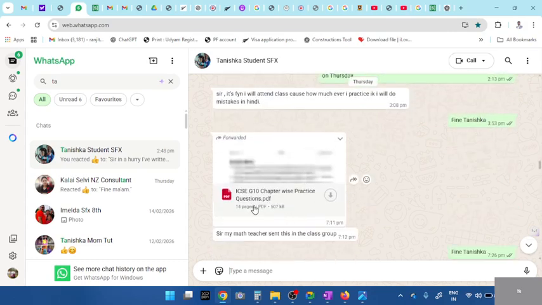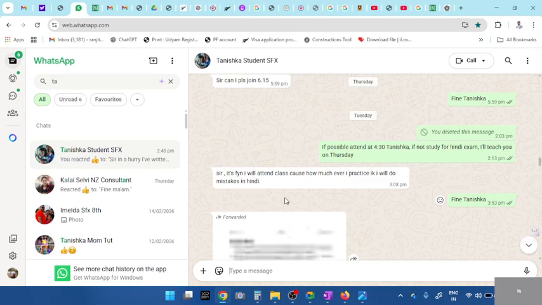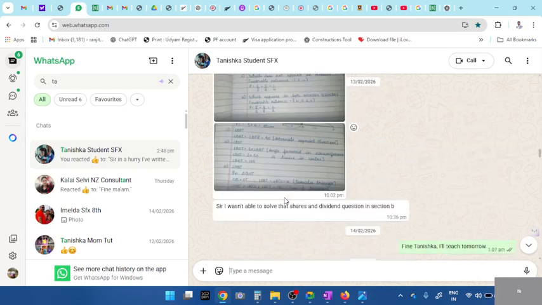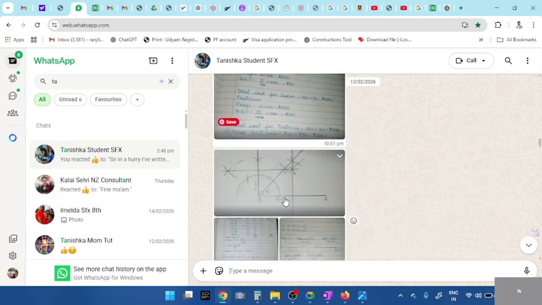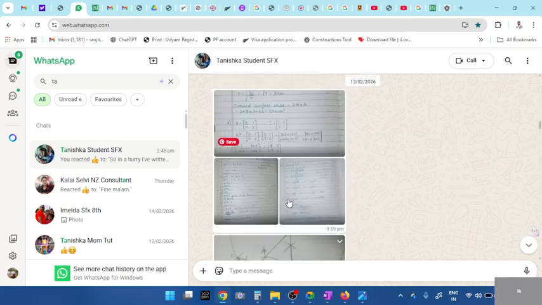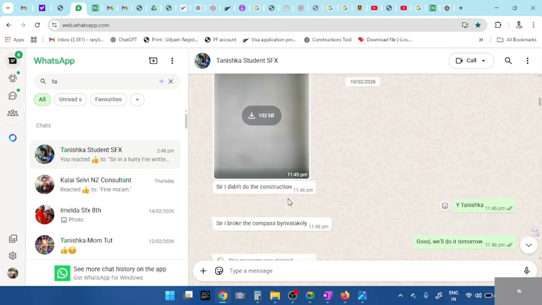This one. You sent the ICSE chapter wise practice. Was it chapter wise? Okay, that is not required. Chapter wise, now no time. Last month always, chapter wise is what I'm teaching all students. All those images are chapter wise. Okay, chapter wise. Anything else you sent?